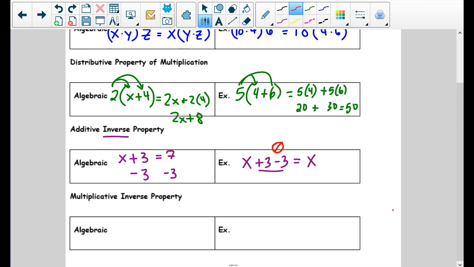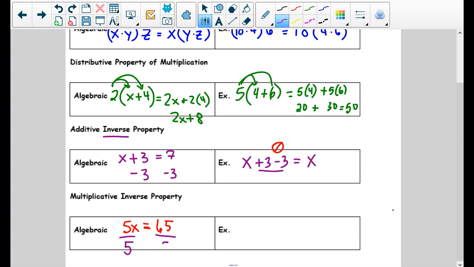If I have multiplication, so I have 5x equals 65, how do I solve algebraically here? Yeah, I divide. Now, dividing by 5 is the same as multiplying by what?